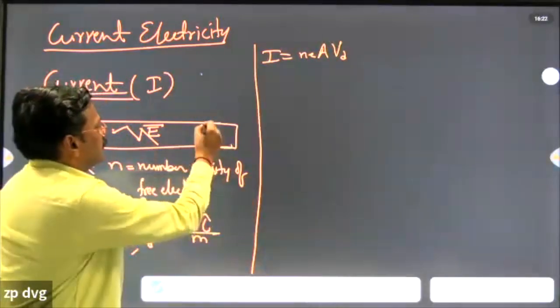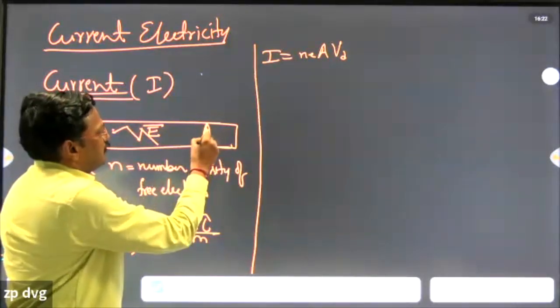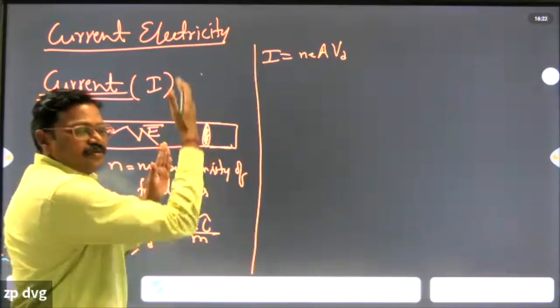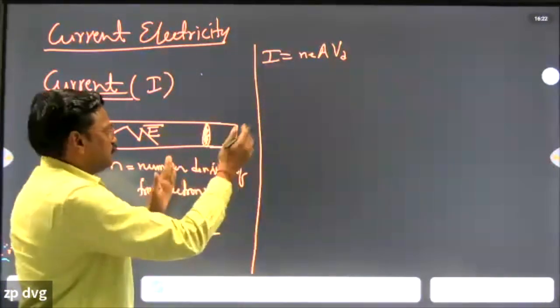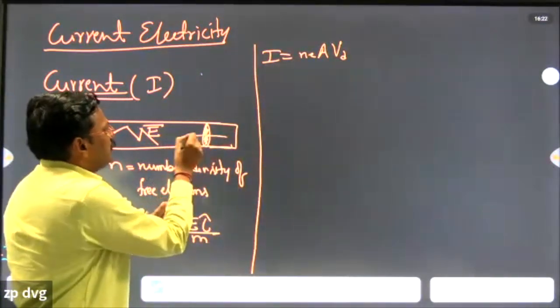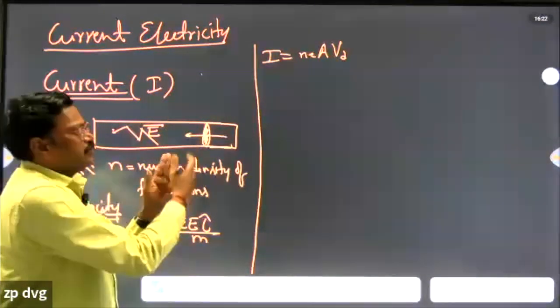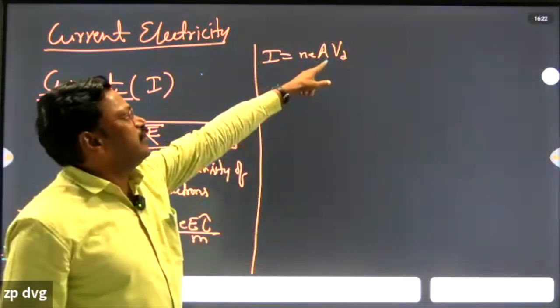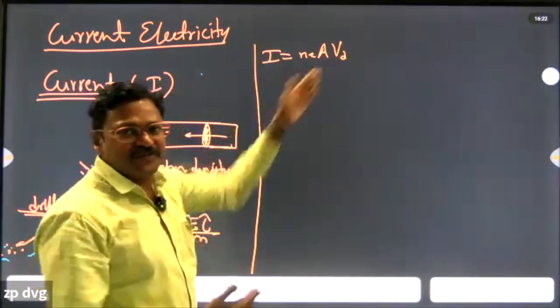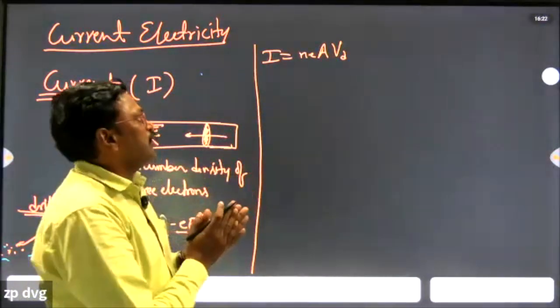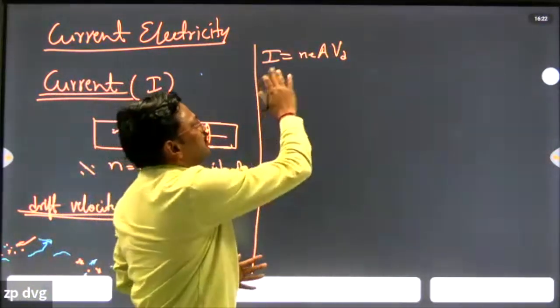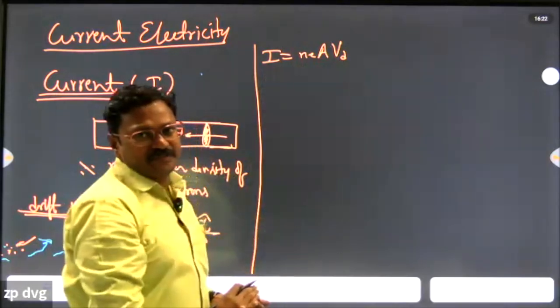A is the cross section of the conductor, which is perpendicular to the direction of flow of charges. If charges are flowing in one particular direction, then a plane perpendicular to the direction of flow of charges, that area is called the cross section area, and drift velocity is the average velocity with which they are drifting. Now this gives the equation for current in terms of drift velocity.